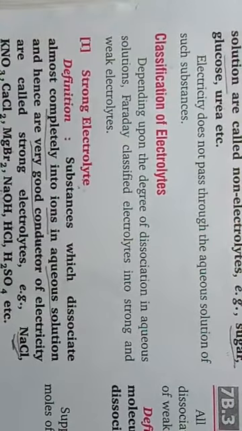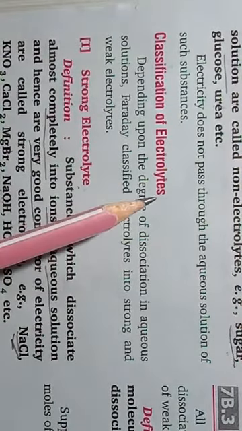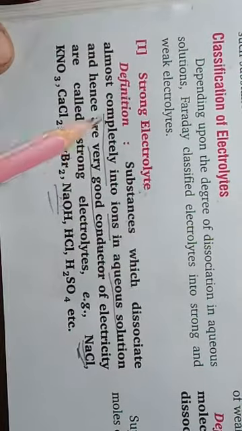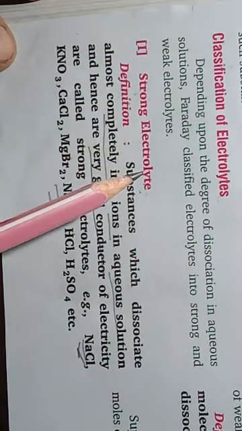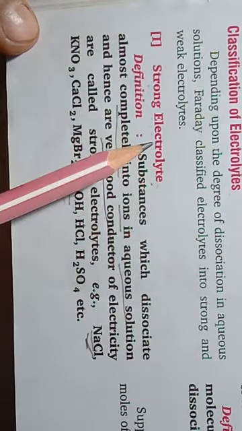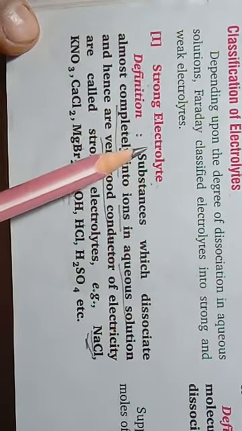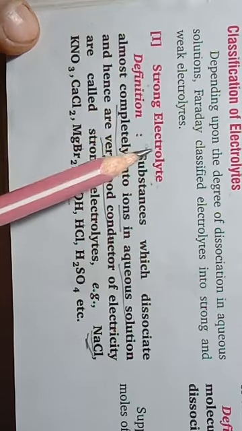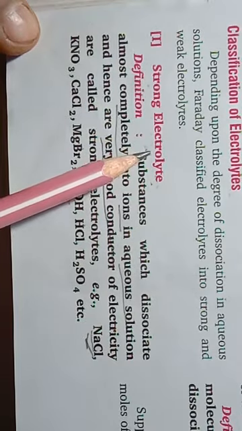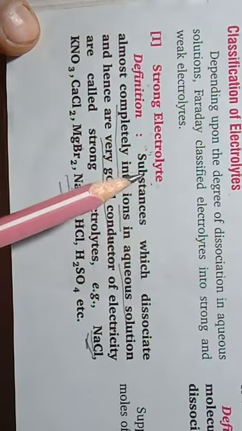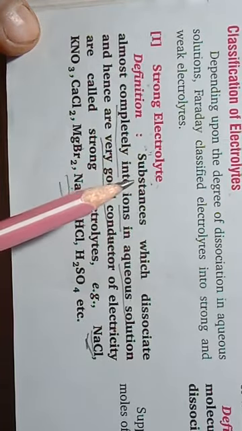The next heading, classification of electrolytes. Electrolytes are classified under two headings. The first is strong electrolytes. These are the electrolytes which dissociate completely in aqueous solution condition. These substances will form ions only in their aqueous solution.